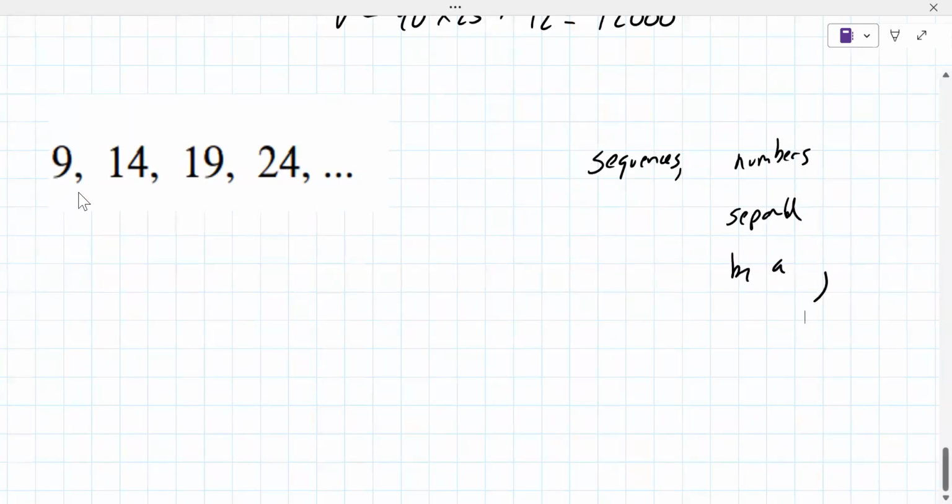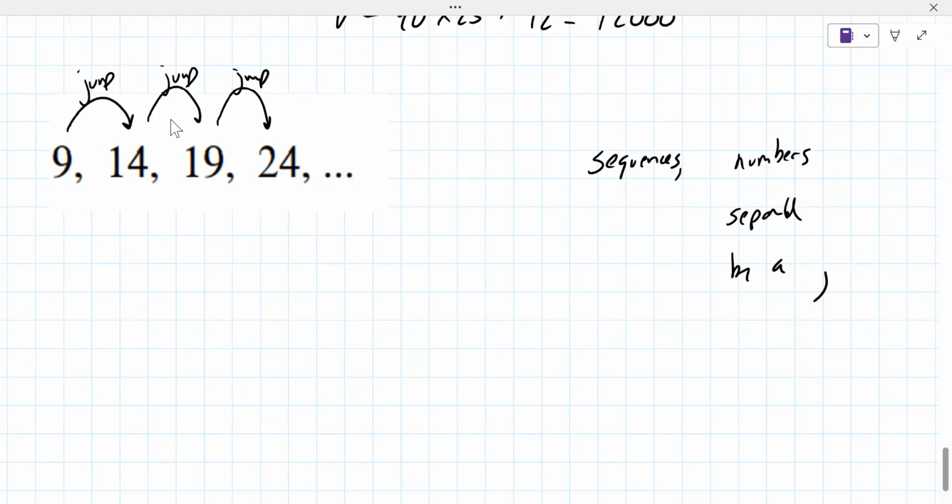So 9, comma 14, comma 19, comma 24. I call it something different than the book, but I think of it as a jump each time. So what is the jump to go from 9 to 14?